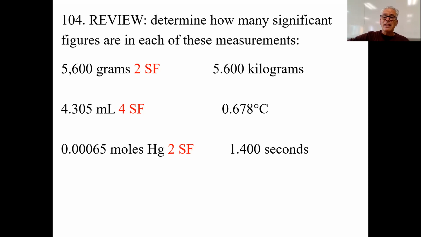The 0 on the left is a leading 0, and so only the digits 6, 7, and 8 are significant. And then for the last one, 1.400 seconds, which is how long it takes to think about any of these if you're really practiced, the 0 on the far end, just like at the top, is significant, and the one in the middle is significant as well.